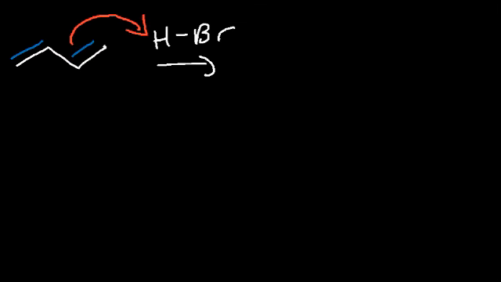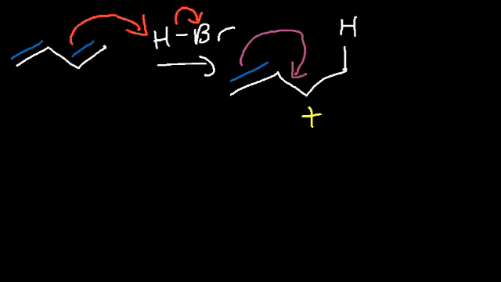And the electrons between the hydrogen and bromine atom are going to be pulled towards the bromine because bromine is more electronegative. And hydrogen is going to go on the primary carbon so that the plus charge will be on a more stable secondary carbon. And this carbocation is stabilized by resonance because this double bond can move over here. And so we can draw a resonance structure which looks like this.